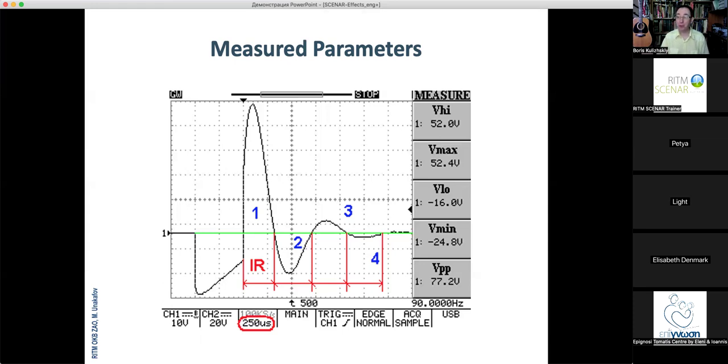You can type in Google, for example, convert time to frequency, and you can see an online converter. You can choose on one side the time in microseconds, and on the other side the frequency in hertz or kilohertz.